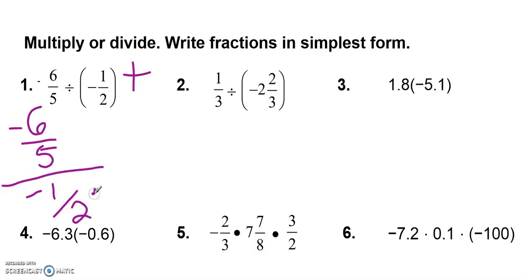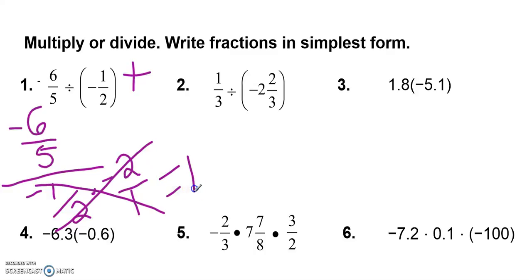So I'm going to multiply by -2/1, because that's the reciprocal, and that crosses out and equals 1. So yay, we don't even have to worry about that anymore. And then multiply the top by that same reciprocal.